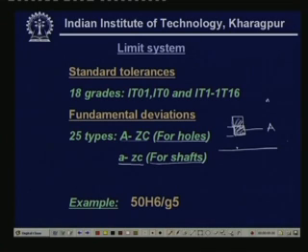Look, the fundamental deviation is A, but I am giving more tolerance to the manufacturing. And if it is IT16, then the tolerance again increases. That means here a manufacturer can be very comfortable because he has got a wide tolerance. So this is the basic fundamental idea.